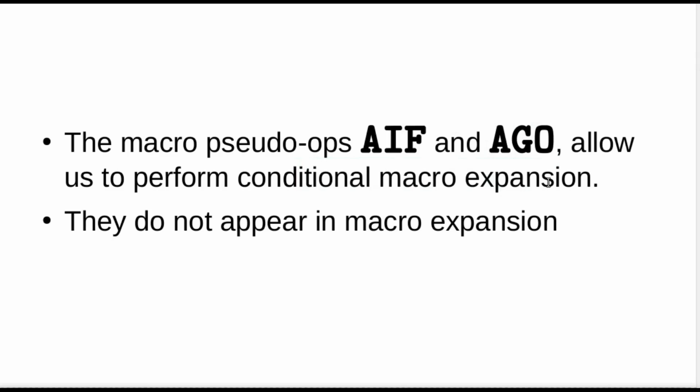So using these two, we can define the different types of macro expansions. Fine. And since these two are pseudo operations, they have special meaning only for the assembler, and they do not appear in the macro expansion itself, right? We have already studied this in the previous lectures, so we are supposed to know this.